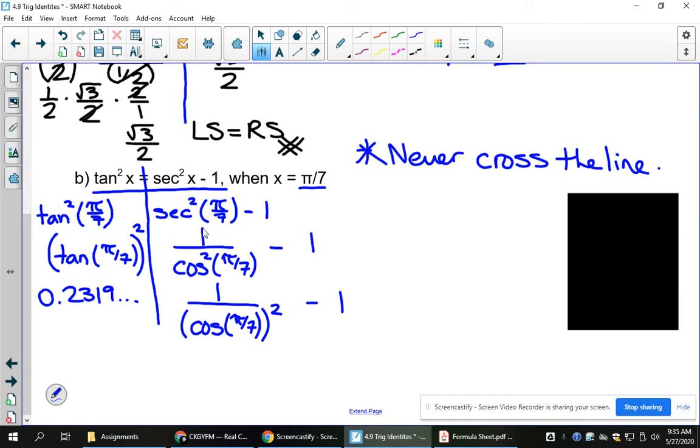So go ahead and pop this in your calculator. I'm going to do it myself. So I got cos pi by 7. I'm going to square it. And then I'm going to minus 1. And I'm getting the same answer.